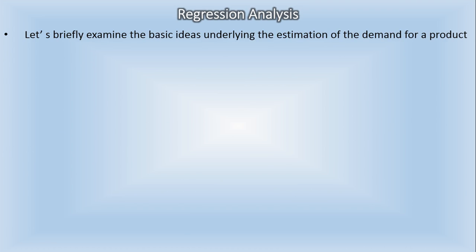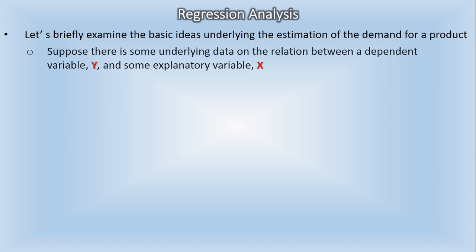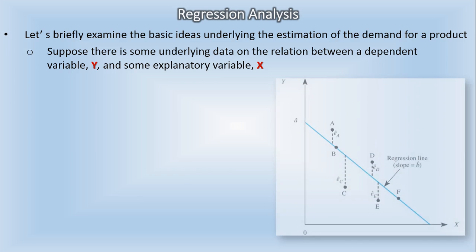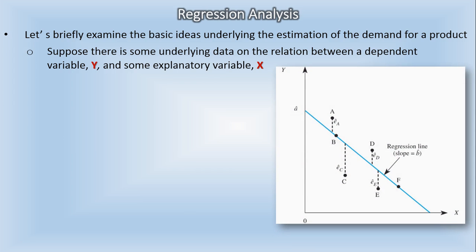All right, so let's briefly examine the basic ideas underlying the estimation of the demand for a product. Suppose that there's some underlying data on the relation between a dependent variable, y, and some explanatory variable, x. So quantity demanded can be y, explanatory variable can be the price. Let's say we have a bunch of data points that correspond to price-quantity combinations.